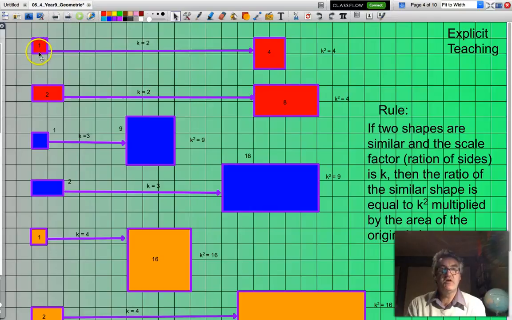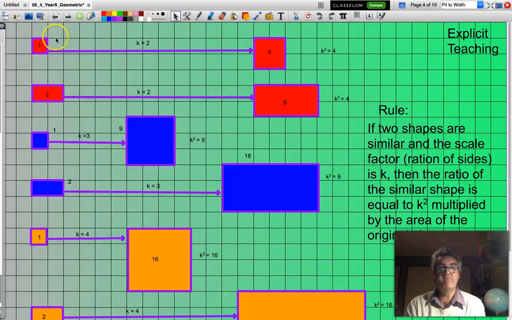Consider these two shapes. A unit square of side length 1, area 1, and a square of side length 2, which has an area of 4. If I look at the ratio between the side lengths, length of 2, length of 1, I can state that the scale factor is 2.